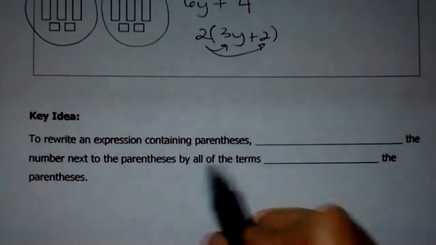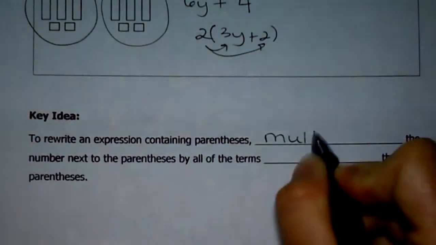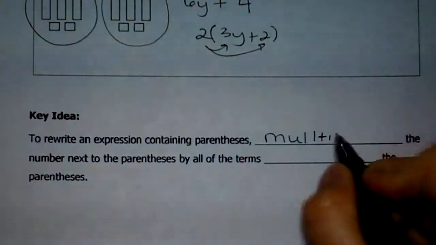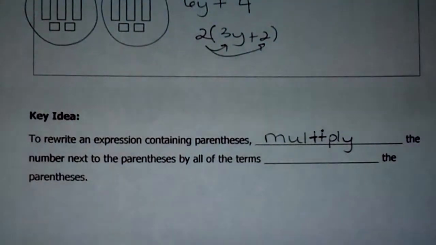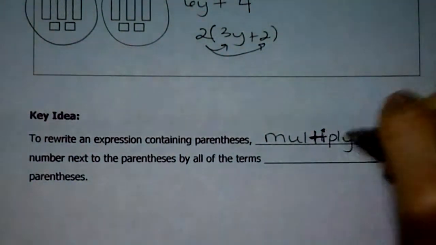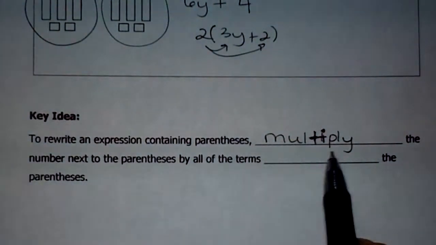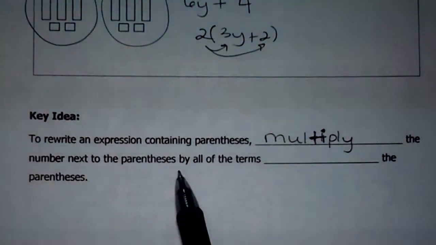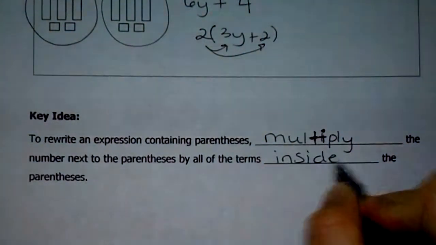It says to rewrite an expression containing parentheses, we're going to multiply, that's your first blank. Multiply, sorry. I don't have my little whiteout pen with me here, so it's alright, it says multiply. So you want to multiply the number next to the parentheses by all of the terms inside the parentheses.